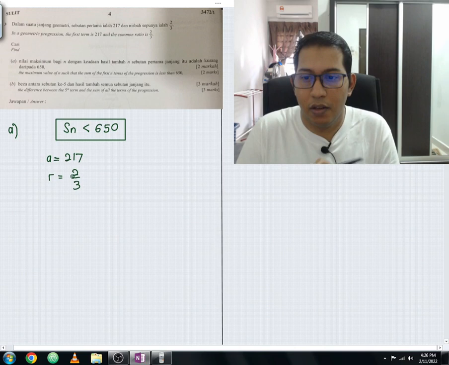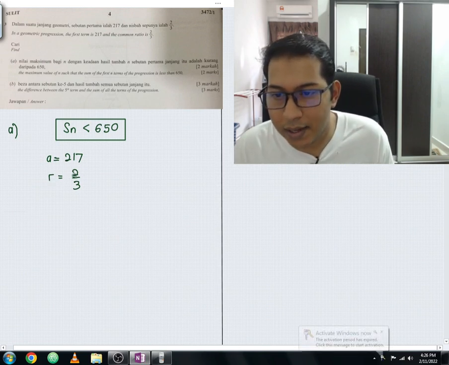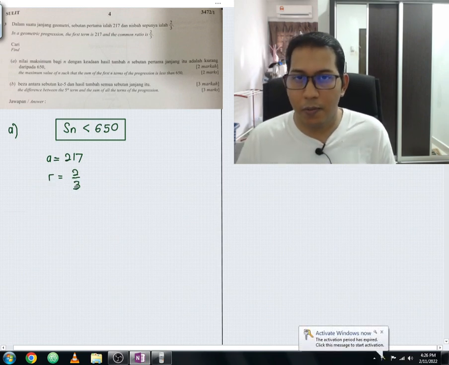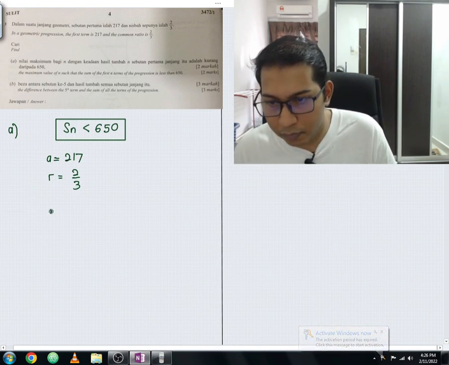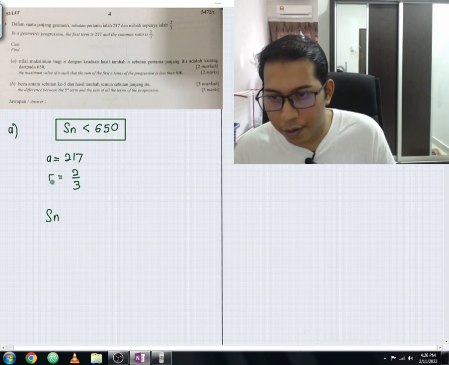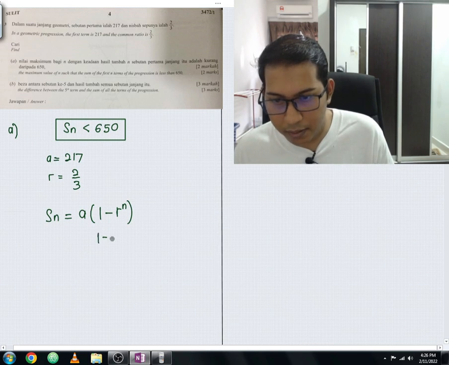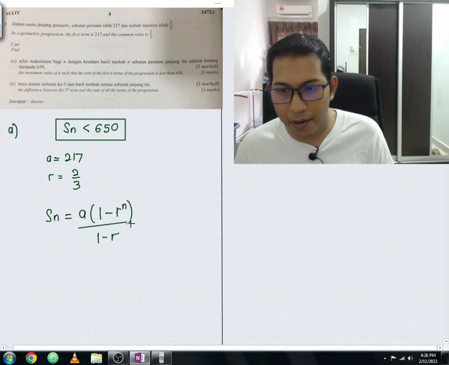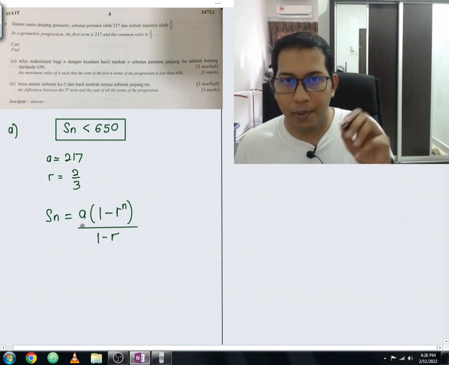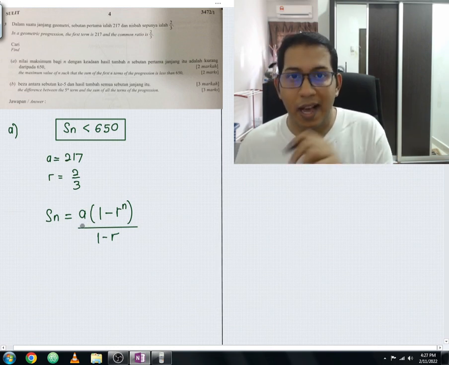The formula for Sn when the common ratio is less than 1 is equal to A in a bracket 1 minus R to the power of n, divided by 1 minus R. If your common ratio is more than 1, it will be A in a bracket R to the power of n minus 1, divided by R minus 1.